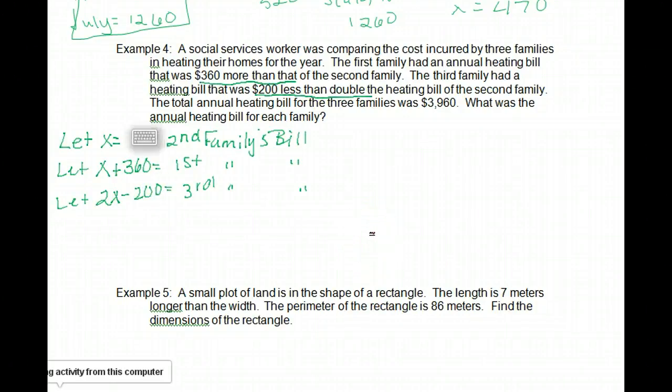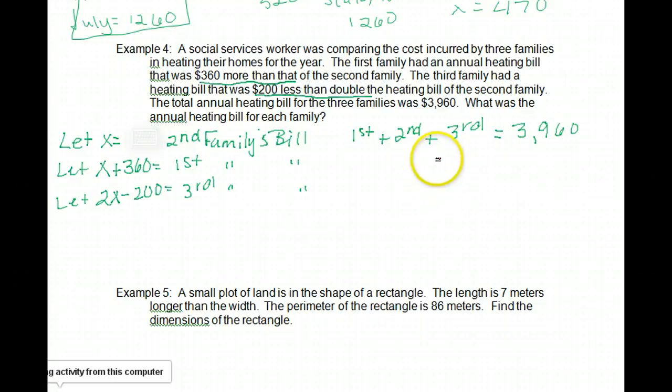Now that we have the let statements for each family written, we can go ahead and put together the equation. So we know that the first family plus the second family plus the third family all totaled $3,960. So at this point, we can simply take the expressions that we wrote for each family and substitute them in.